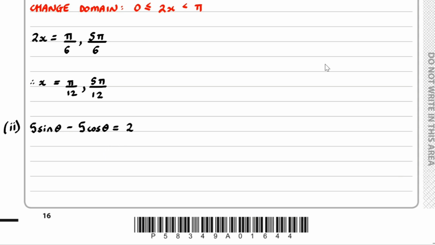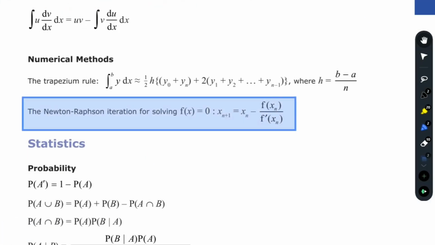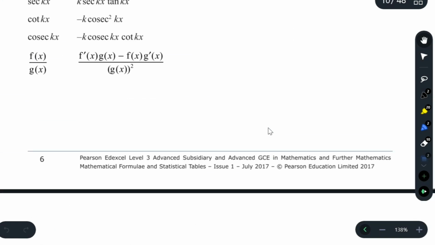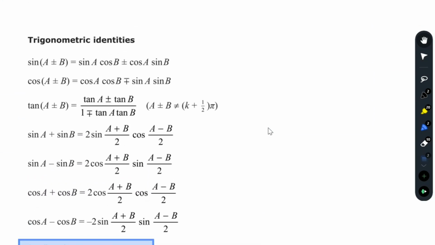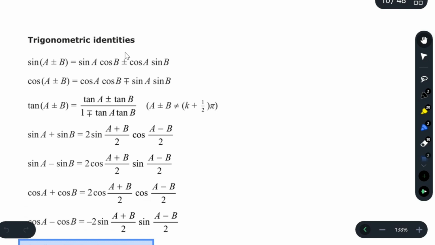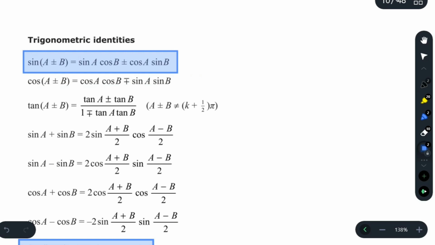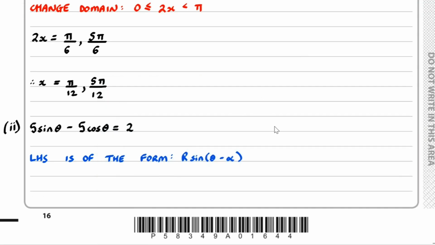Now, the left hand side is of the form r sin of theta minus alpha, and if we go to the formula book, under the trig section, we will be using this identity here.